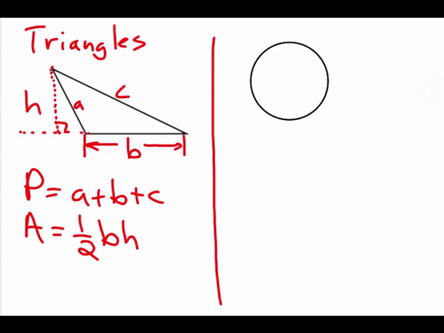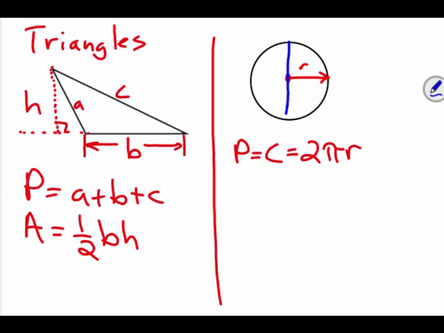Now, a circle has a radius. And now this one's a little tricky. The perimeter is really called the circumference, and the circumference is 2 pi r, if this is the radius. Now, if you take the radius and you multiply it by 2, you'll get something known as the diameter.